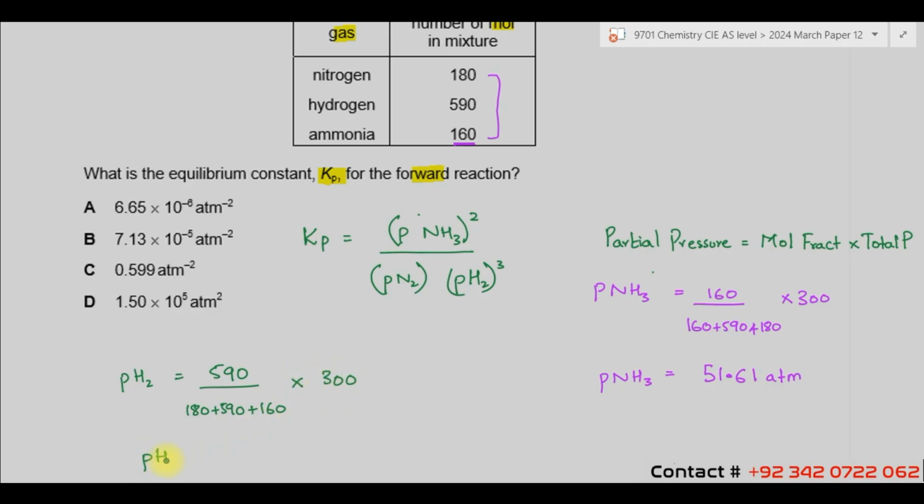So partial pressure of hydrogen is 190.32 atm. Then we have nitrogen. Same thing, partial pressure of nitrogen is equal to moles of nitrogen 180 over total moles. So partial pressure of nitrogen is equal to 58.06 atmosphere.